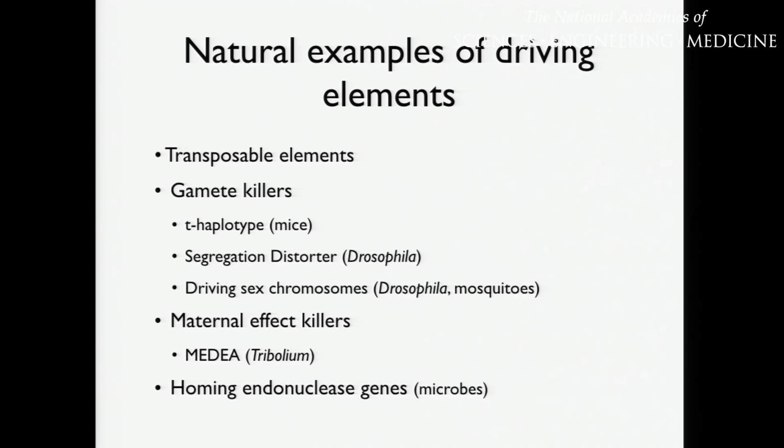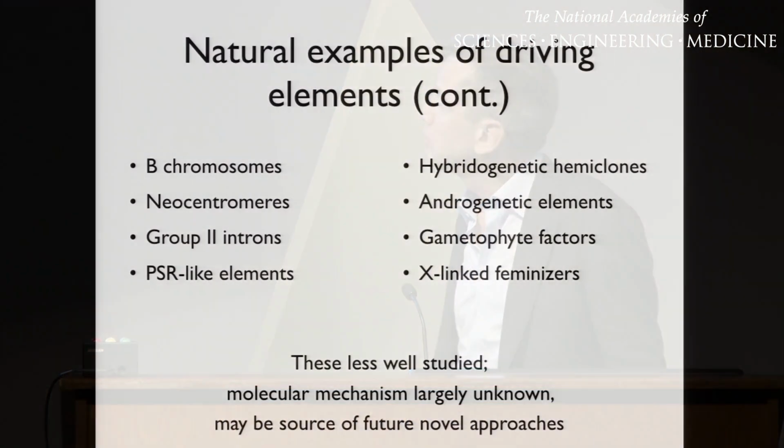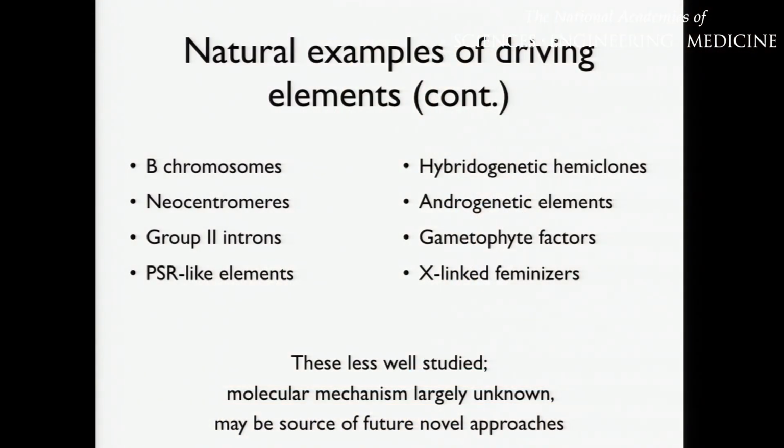Driving sex chromosomes have been described in both Drosophila, fruit flies, and in mosquitoes. There are also maternal effect killers described from flower beetles, and homing endonuclease genes found in many microbes.